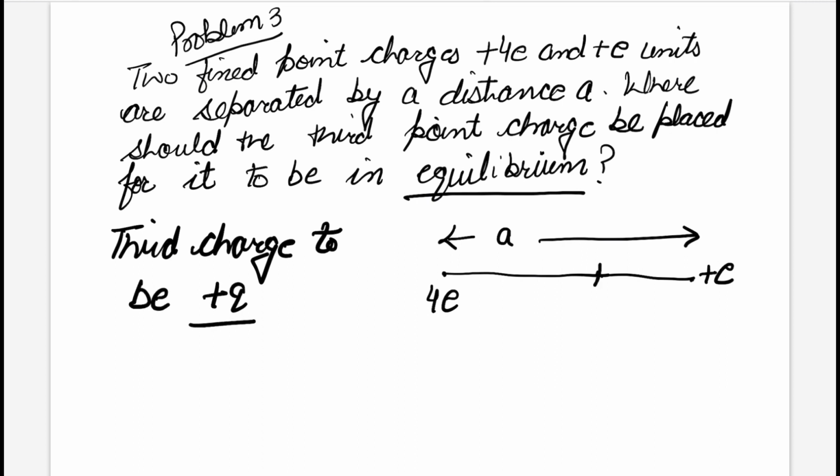Say we put positive q here, and the distance between the positive q and the charge 4e is x. If this distance is x, then the total distance is a. It means that the distance left will be a minus x, right?